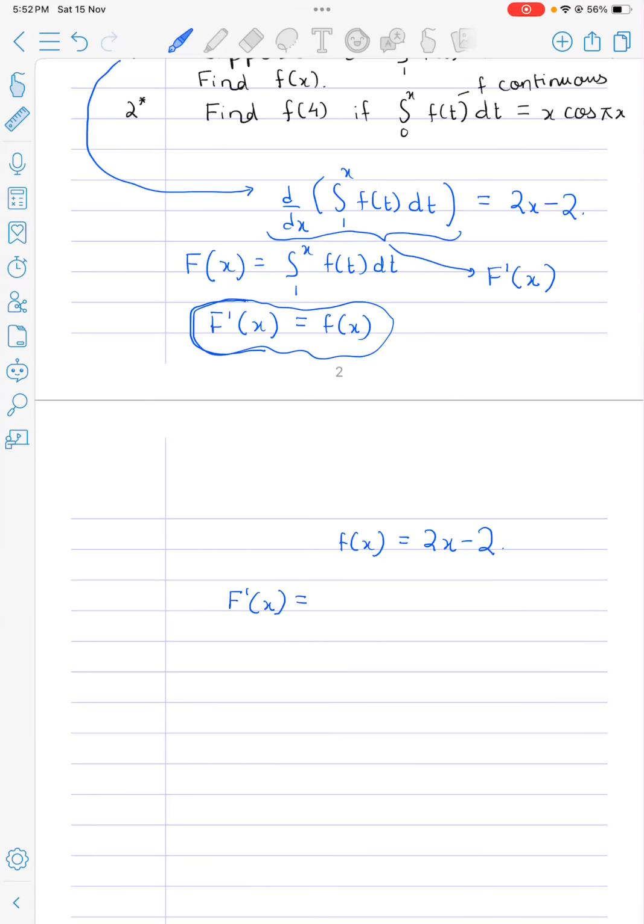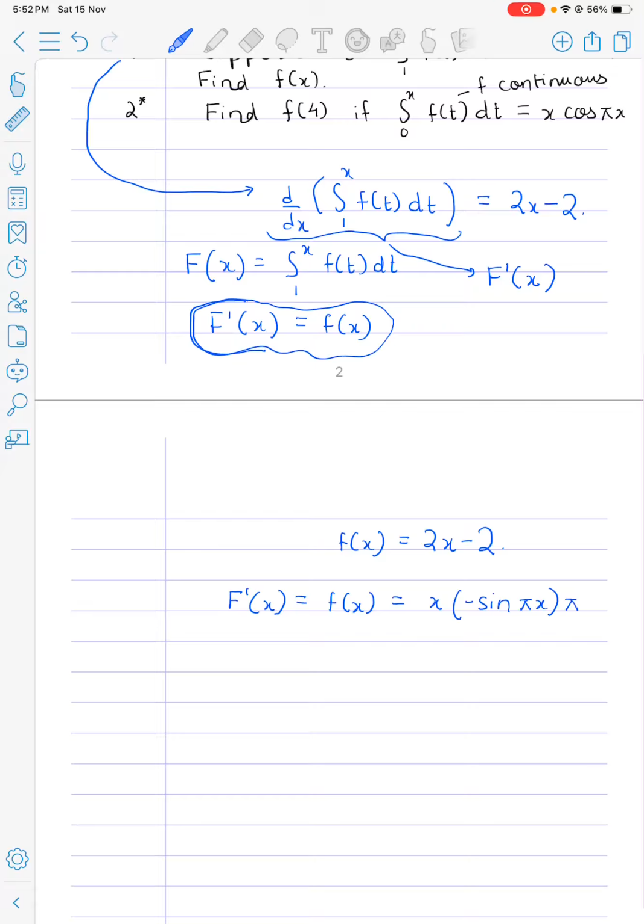This one will be small f of x, and note that if you differentiate x cos(pi x), you will get minus sin(pi x) into pi.